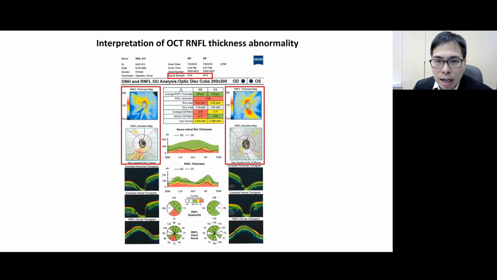So we need to have a careful check on whether the signal strength is good enough for you to interpret the thickness measurement. Low signal strength typically is related to media opacity, like cataract.